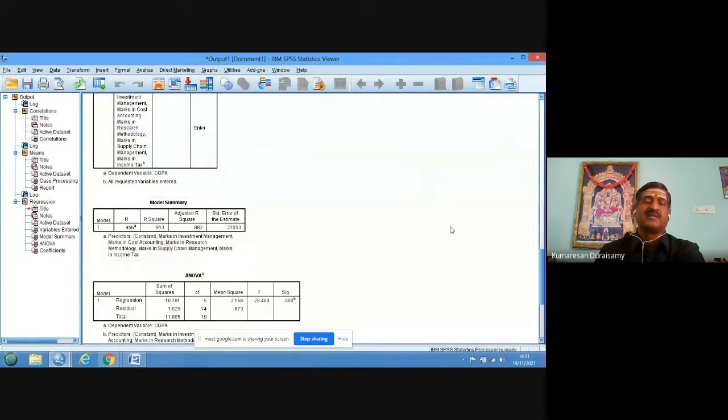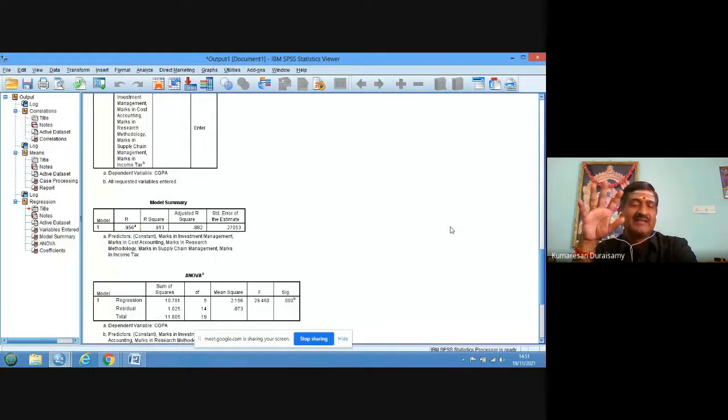It is 0.913. It means, see, we have taken 5 independent variables and 1 dependent variable. We cannot assure that the CGPA is calculated only by taking these 5 subjects.